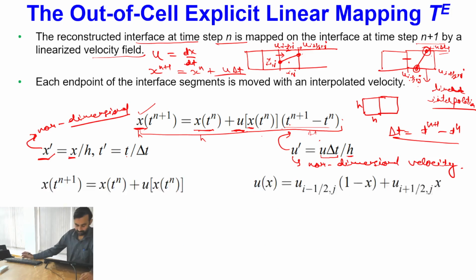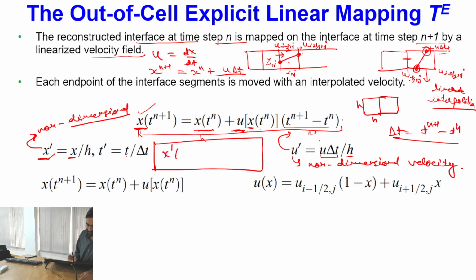So ultimately I will be getting x dash at t dash n plus 1 equal to x dash at t dash n plus u dash at x dash comma t dash n. This will be my equation, the same equation, but in which form?